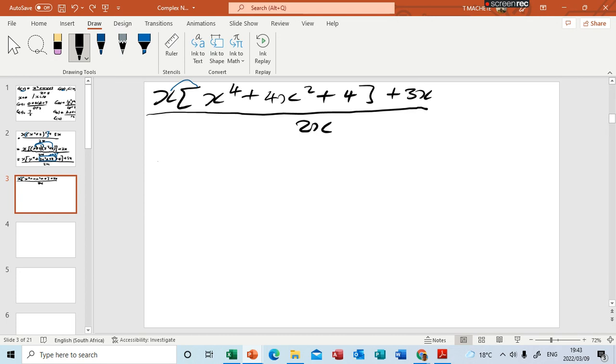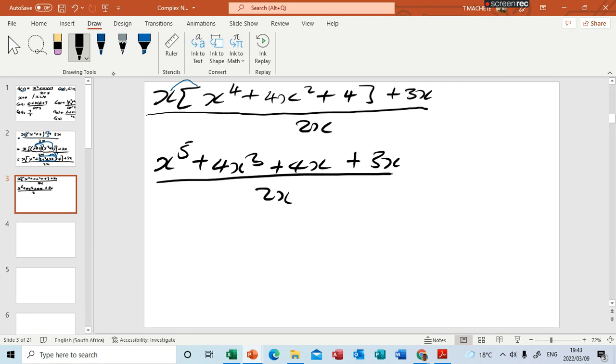Okay. So you can split this into 2. You see, you can say x to the power 5. Let's do it the long way. x to the power 5 plus 4x squared, okay, 4x cubed plus 4x plus 3x, all divided by 2x. Okay.